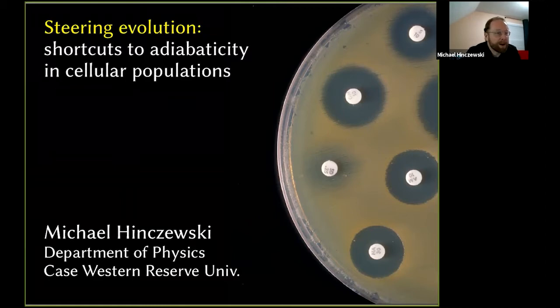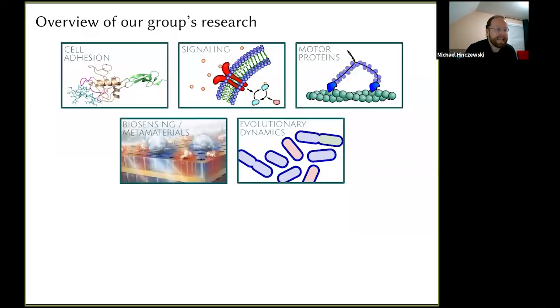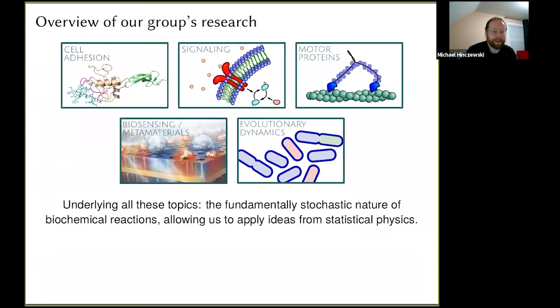So what I want to talk about today is, as Changbang mentioned, what my lab does: we use ideas from statistical physics to think about a variety of problems in biophysics. What connects these problems, whether you're talking about single molecule level things like cell adhesion, or signal transduction, motor proteins, or larger scales, applications like biosensing, is that at some level all these problems involve fundamentally stochastic processes.